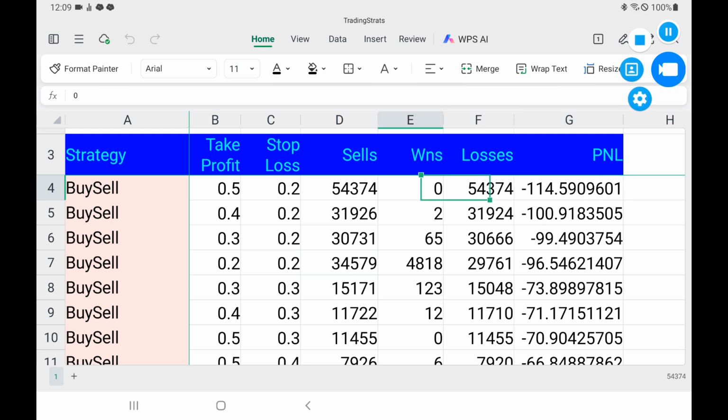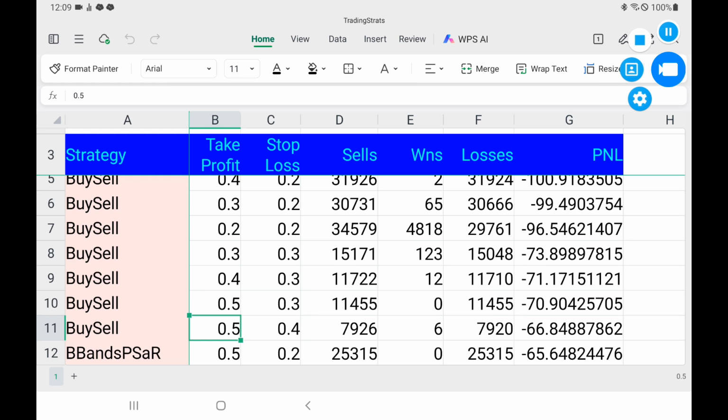So in this case, I buy, I wait 0.5% to take my profit, or if the market goes downward at 0.2%, I take a stop loss. So it's a very simple process all the way around, and we have the relationship. But as you can see by looking at the chart, buy and sell did a lot of losses.